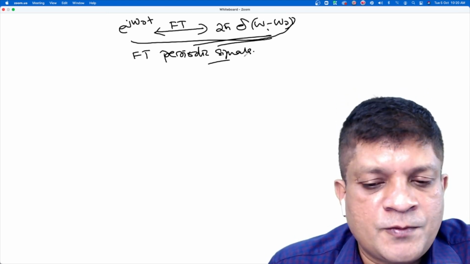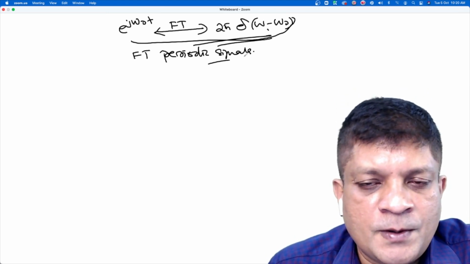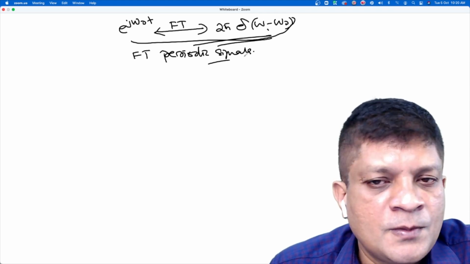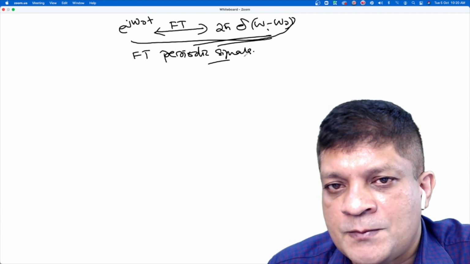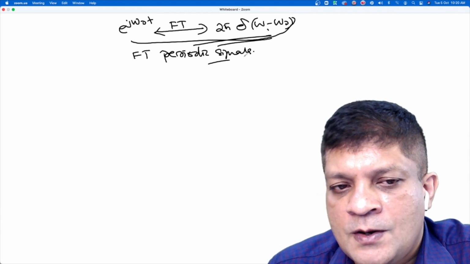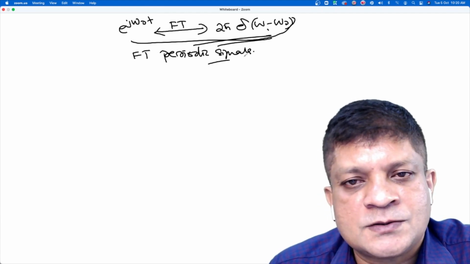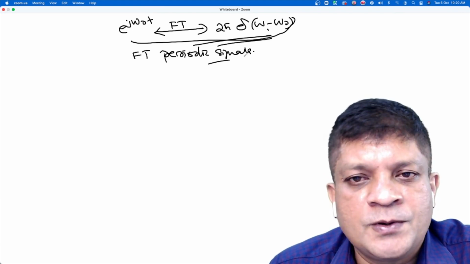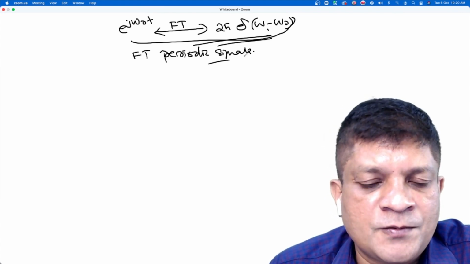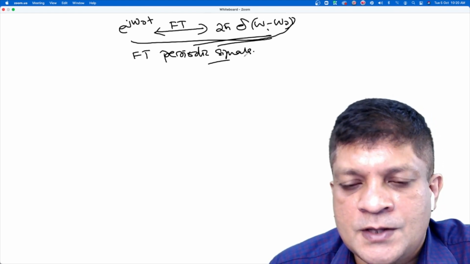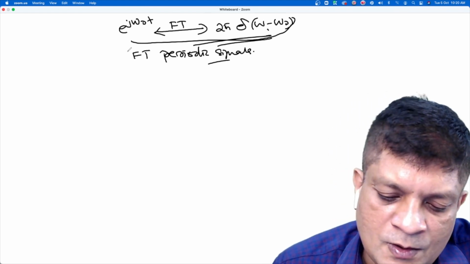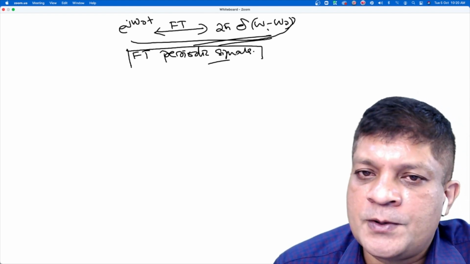We already know that for an aperiodic signal we have the Fourier transform, and for a periodic signal we have the Fourier series, isn't it? That is what we have discussed so far. But in many cases, it is convenient to have a unified Fourier representation for both periodic and aperiodic signals. That's why we are going for the Fourier transform of periodic signals.